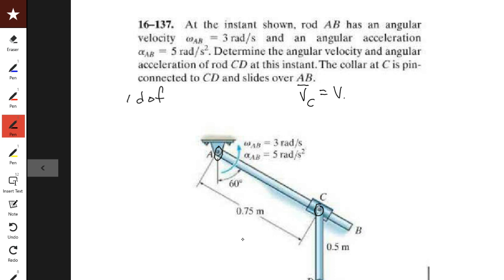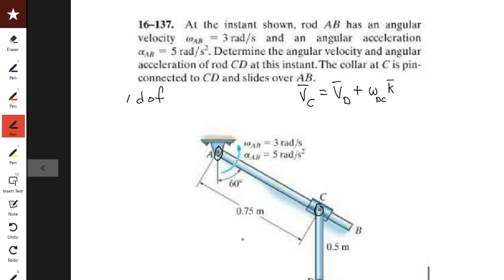Velocity of C equals the velocity of D plus omega. This should be the omega of the body that they're on together. If you notice, I don't know what the angular velocity is, so I'm going to call it omega DC, or CD, makes really no difference. And I think it's going to go counterclockwise.